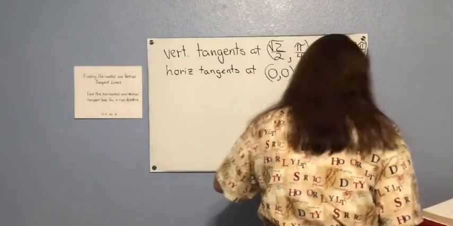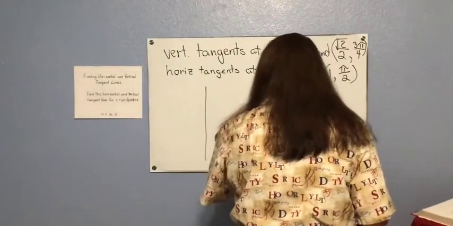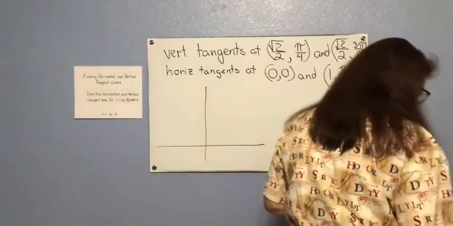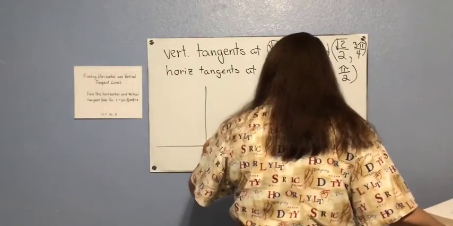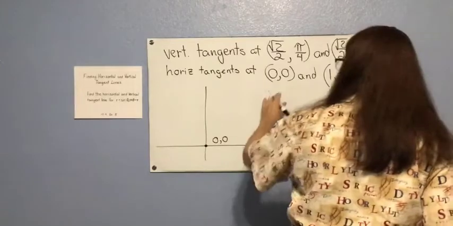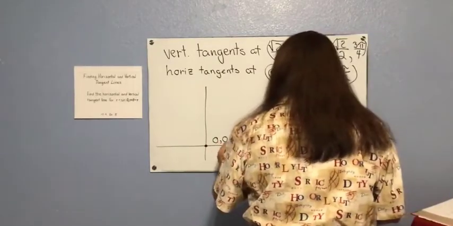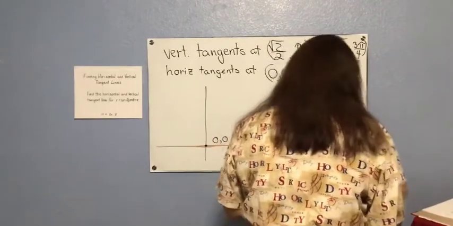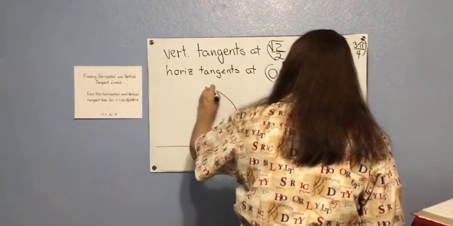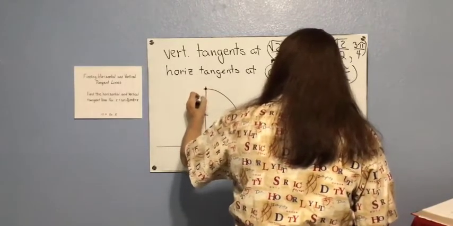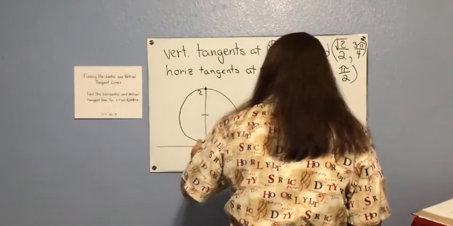So what does this look like? If this is my coordinate system, here's 0, 0. And we said we had a horizontal tangent there, so let's draw that in orange. And if this is 1, our graph is going to come up like this and continue on this way.